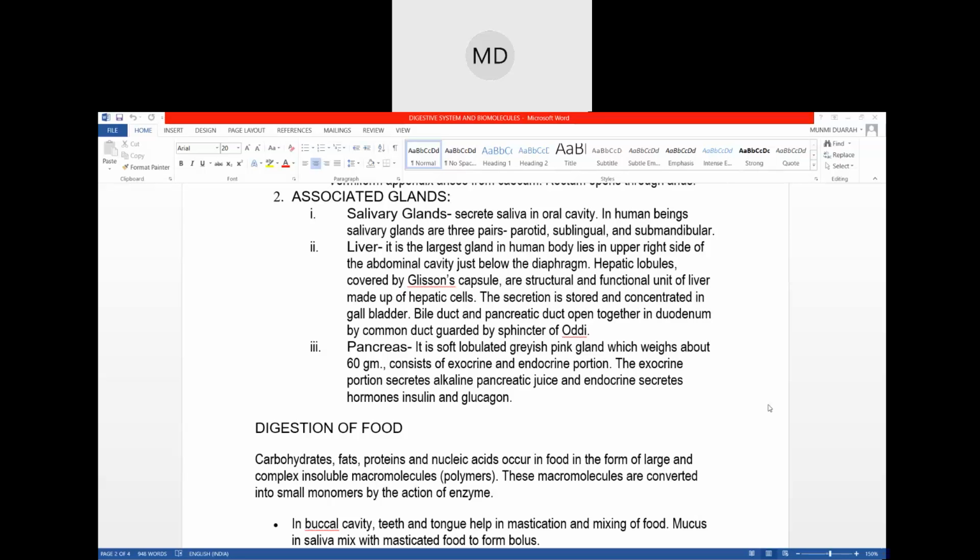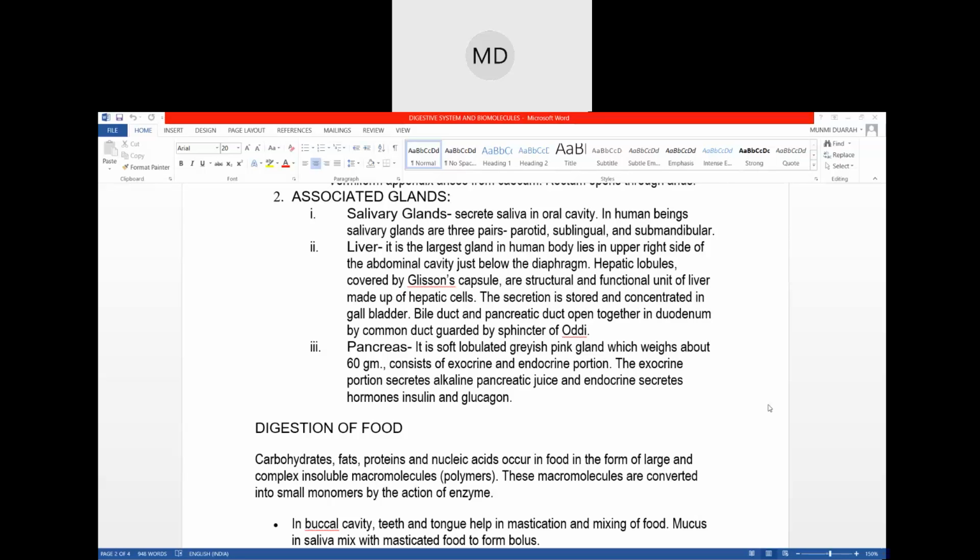We discussed the types of glands, right? Three types of glands were there: endocrine, exocrine and heterocrine glands. Endocrine glands release hormones and do not have ducts. Exocrine glands release other substances, not hormones, and they have ducts.